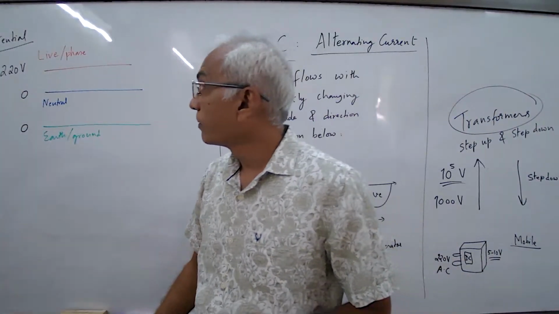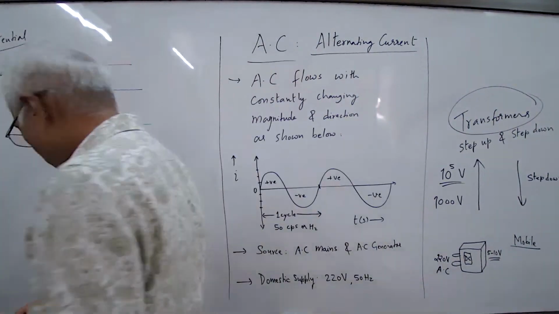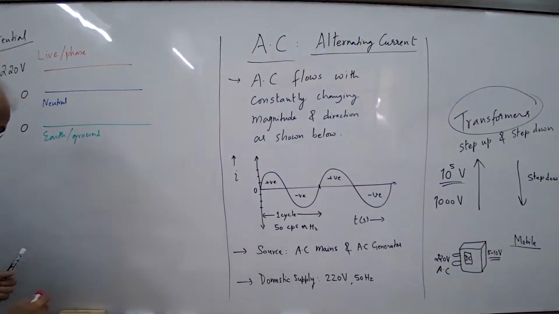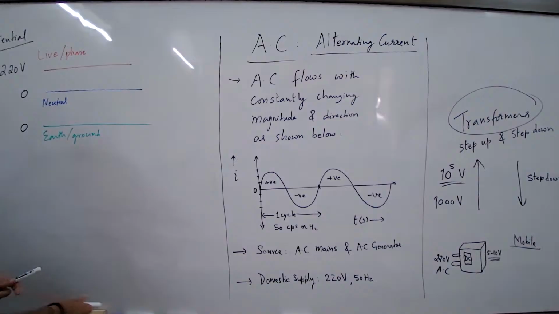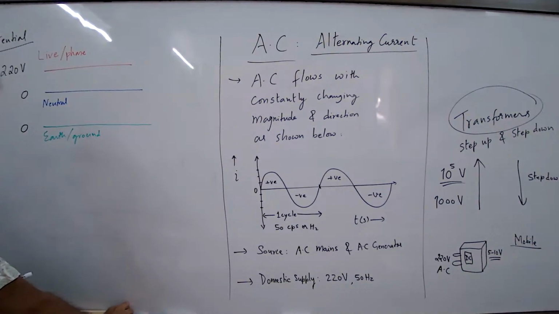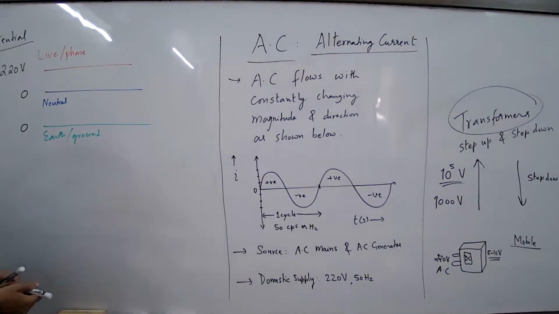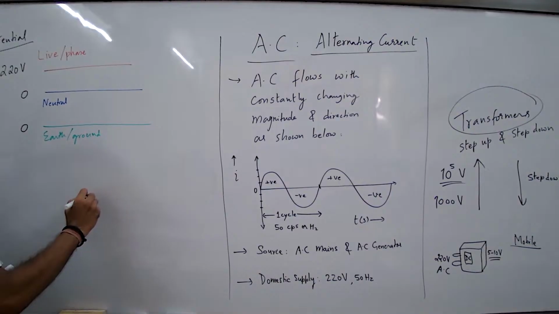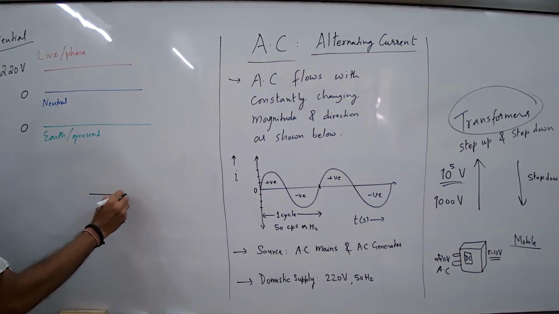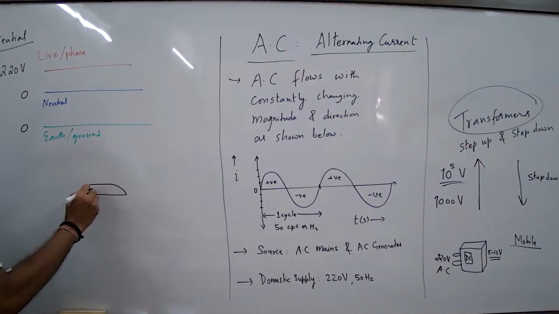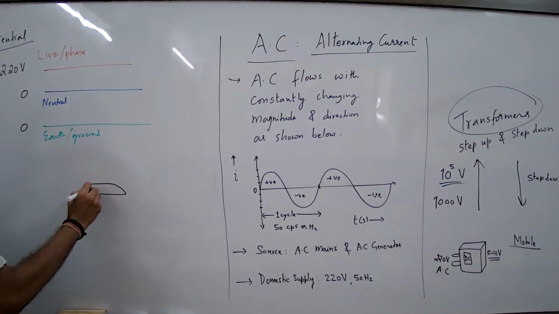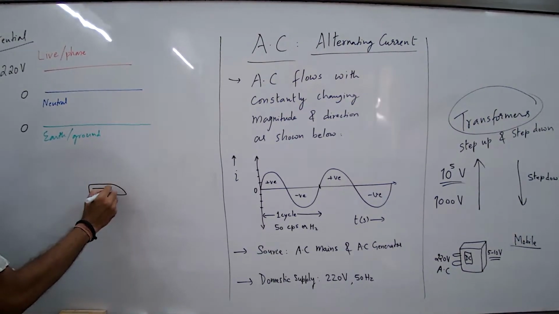Okay. So when you have the circuit, what do you require? How do you operate a device? You have a device, let's say an electric iron. Okay. So what this electric iron will have is a heating element.